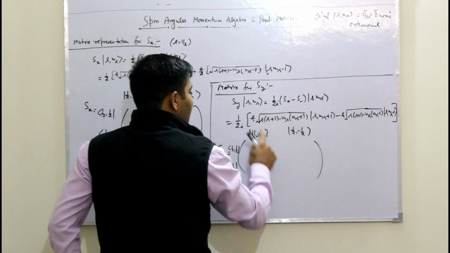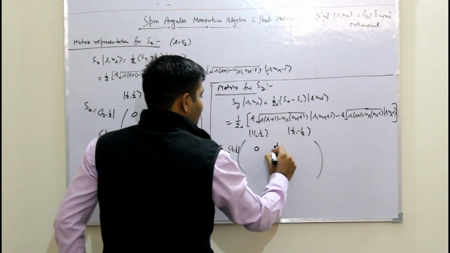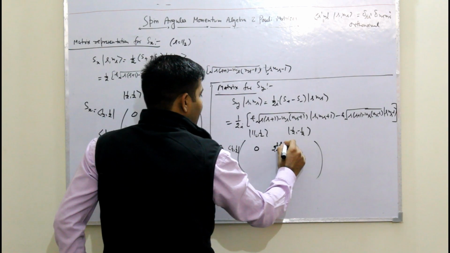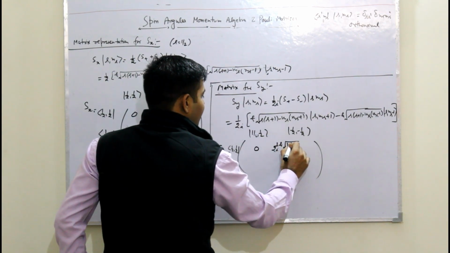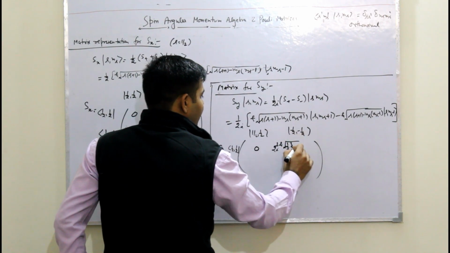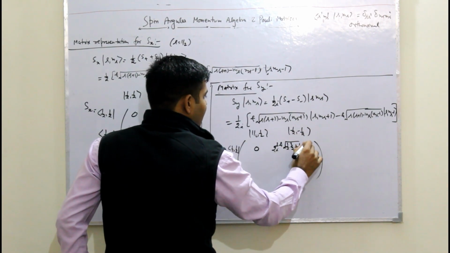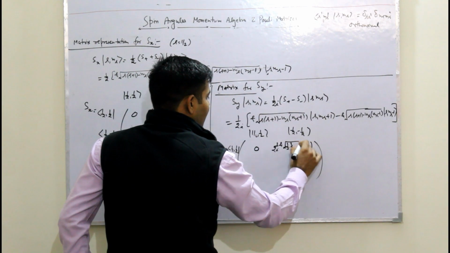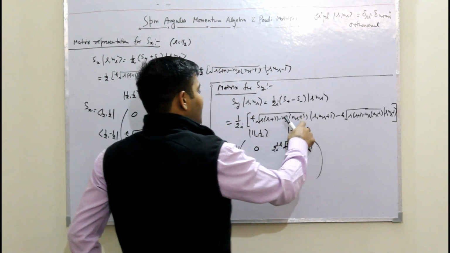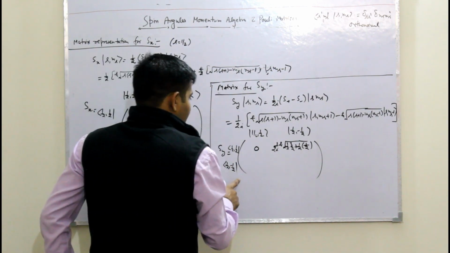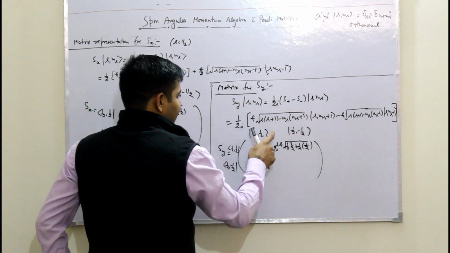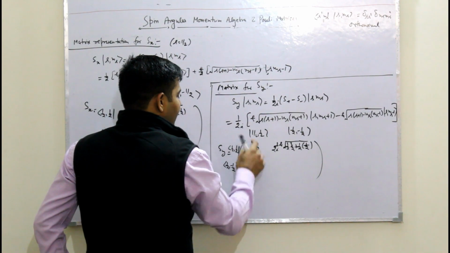So the first portion gives a non-zero value, and the value is 1 over 2 iota h cross under the root, S is half, so half into 3 by 2 minus MS, MS is minus half, so plus half into minus half plus 1, that is plus half, because MS is minus half, minus half plus 1 is plus half. What do we see here? When S plus acts on this, again this will give 0.